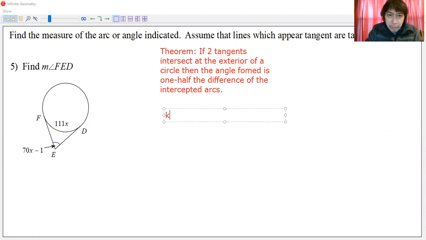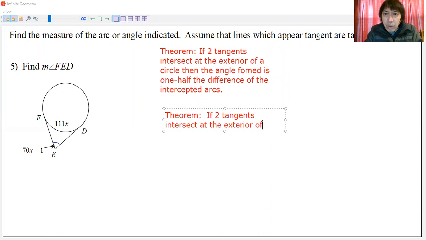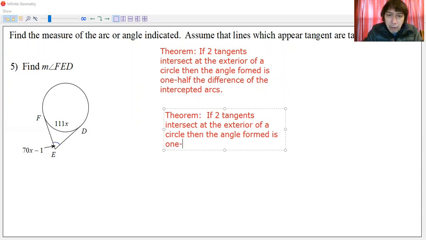I can see a missing letter R. Theorem: if 2 tangents intersect at the exterior of a circle, then the angle formed is 1/2 the difference of the intercepted arcs. There. Okay, then we put this at the clipboard.